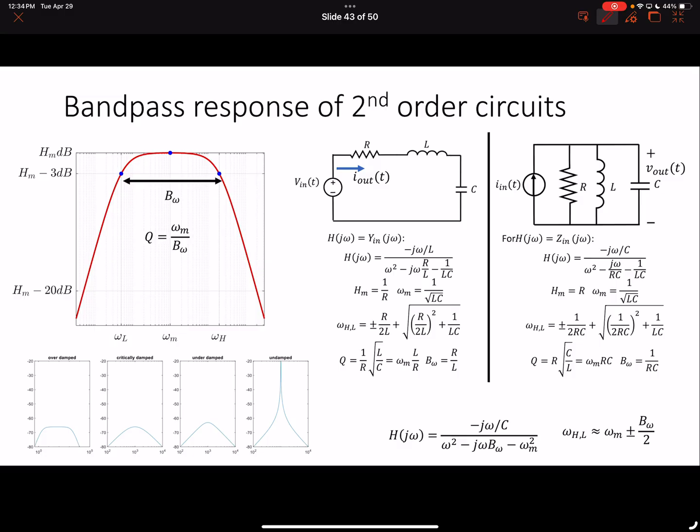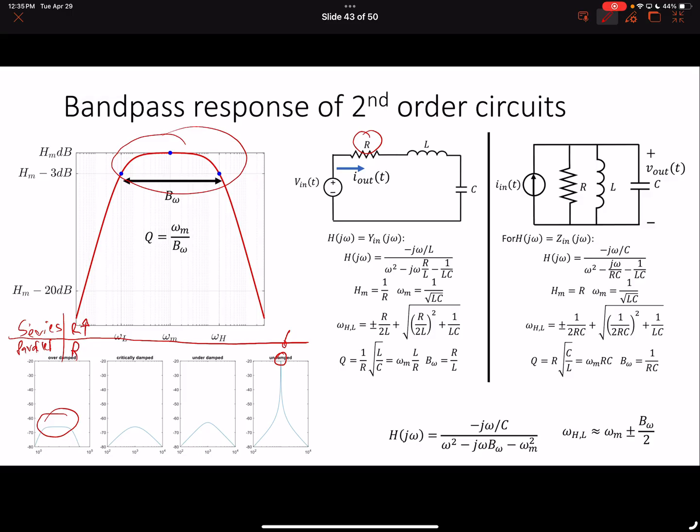All right, so additionally, we learned that the more damped this circuit is, the bigger the bandwidth, or the wider this thing is. Starting from the left, series and parallel. If you're overdamped for the series circuit, it would mean that the resistance is very high, so R up.